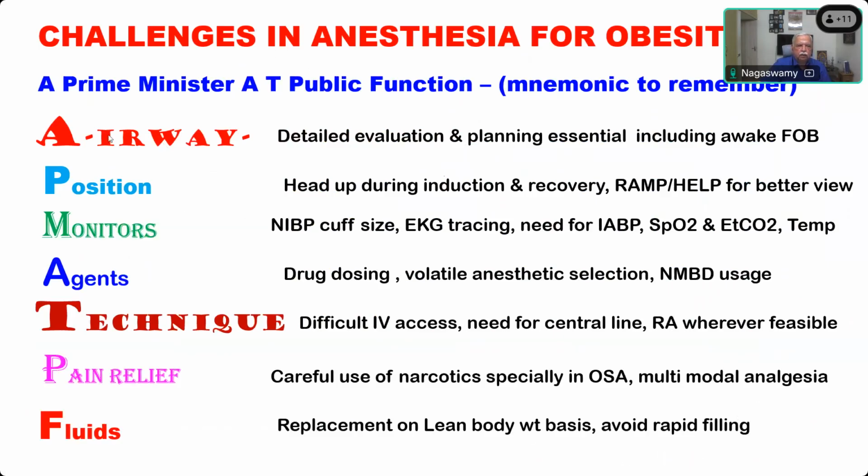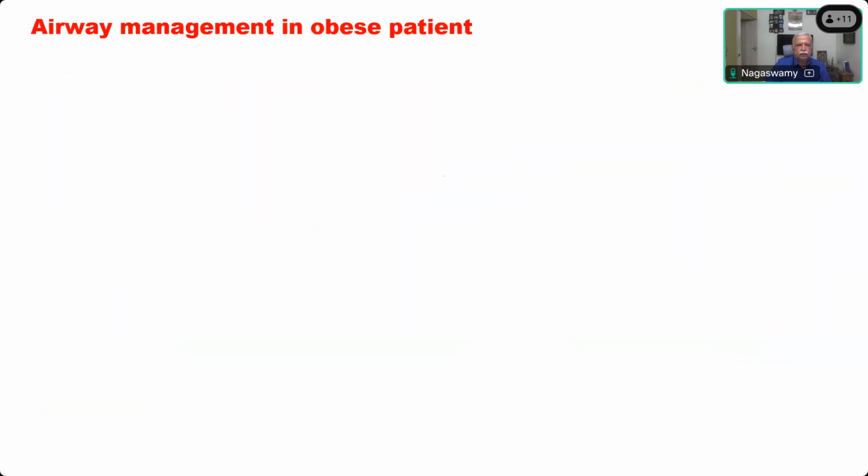So these are all the 1, 2, 3, 4, 5, 6, 7 things that you have to remember. So this mnemonic, I hope, will be useful both for your exams as well as for your day-to-day practice of managing the obese patients.